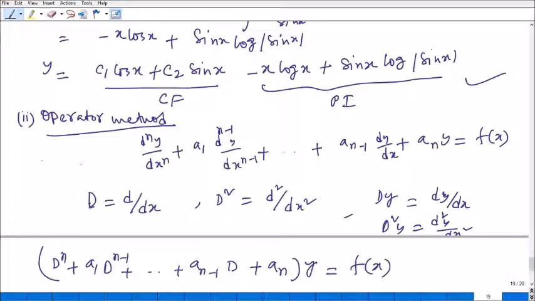That means it will have d²y plus a1 dy plus a2 y equal to f(x).